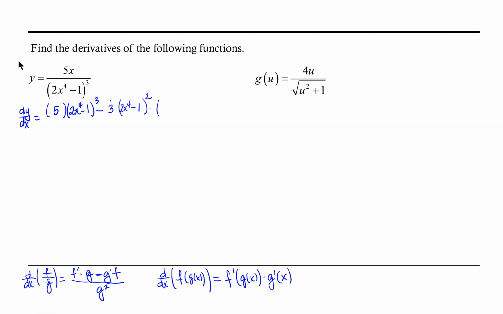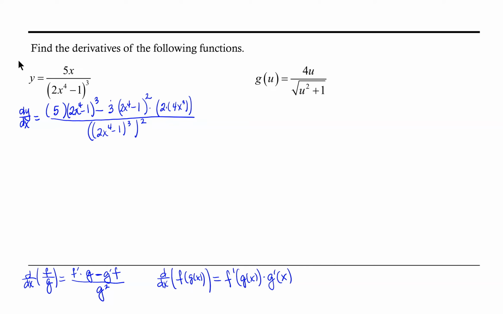So the derivative of 2x to the fourth is 2 times 4x cubed, minus the derivative of 1, which is 0, so we'll just leave it there. And then this is all over our denominator squared. So 2x to the fourth minus 1 cubed, and then we're going to square that.